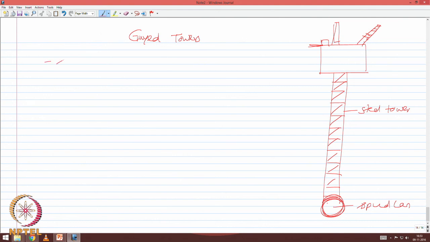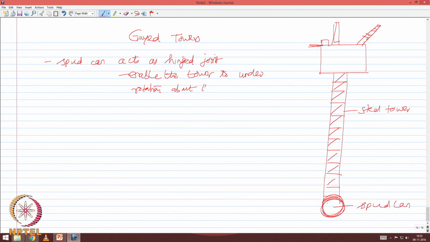The spud can arrangement acts as a hinged joint which will enable the tower to undergo rotation about the hinge.